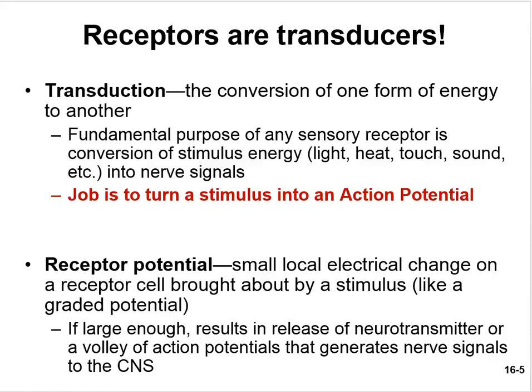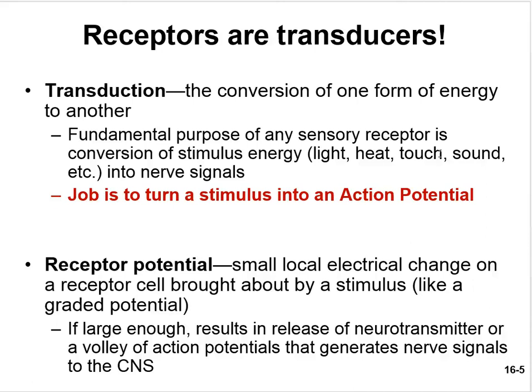Receptors are actually transducers. A transduction is the conversion of one form of energy to another. And the fundamental purpose of any sensory receptor is to convert that stimulus into nerve signals. The job of a receptor is to turn a stimulus into an action potential.